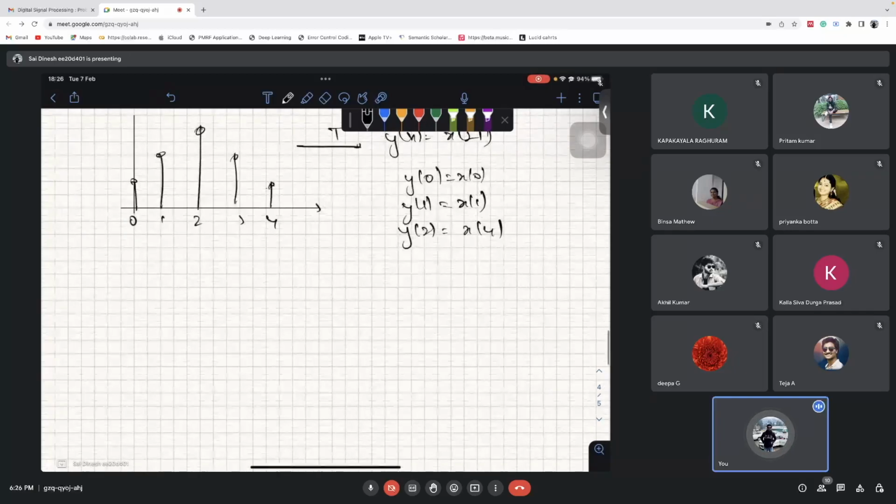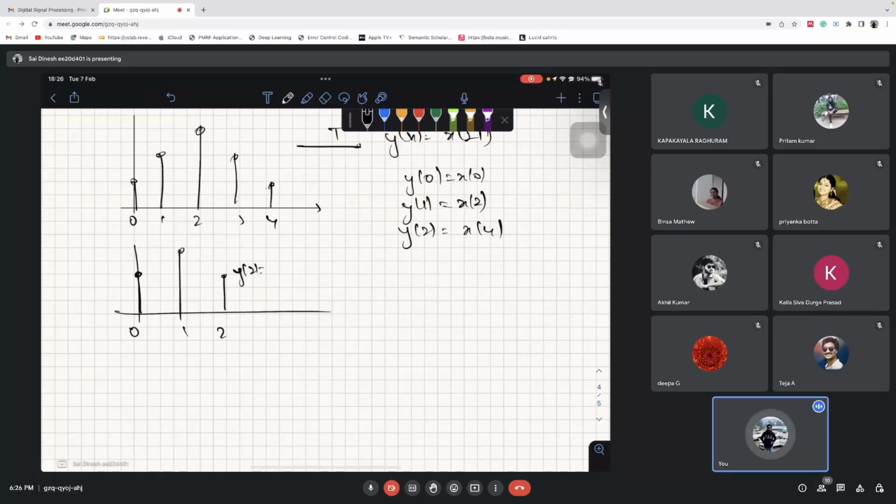So y of 0 is x of 0, y of 1 would be, sorry, this is x of 2, and y of 2 is x of 4. But here is a difference between a continuous time signal and a discrete time signal.